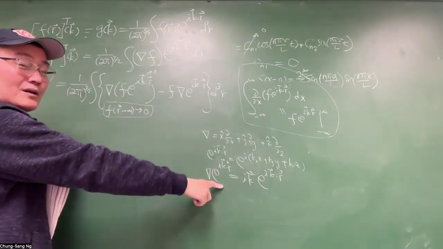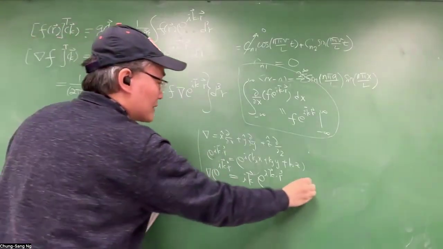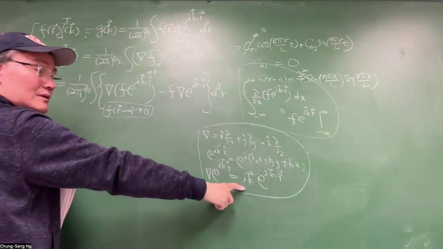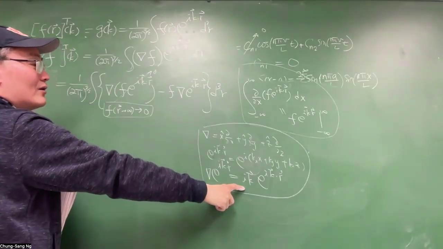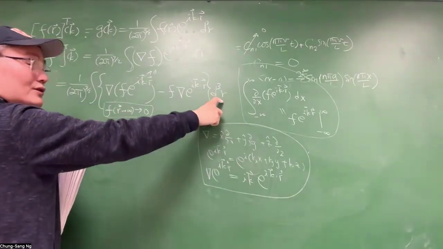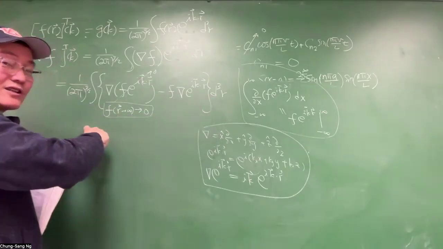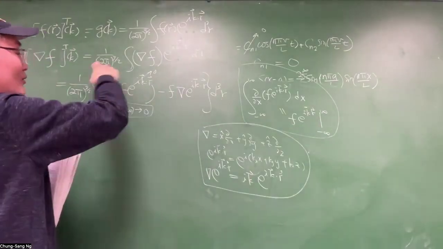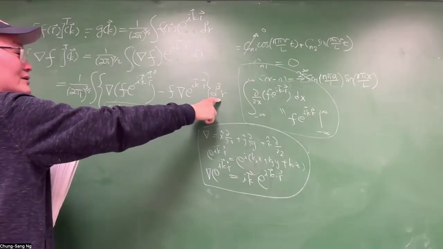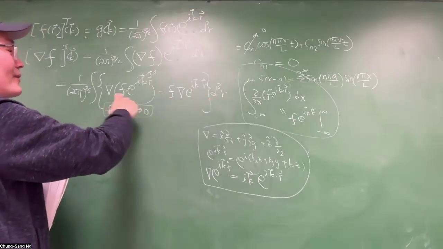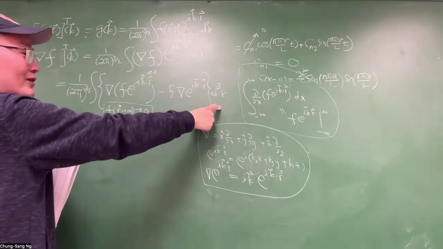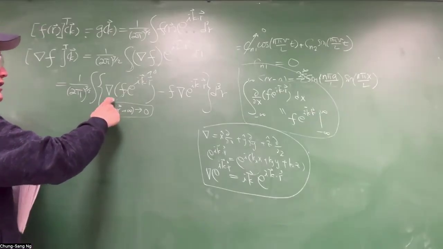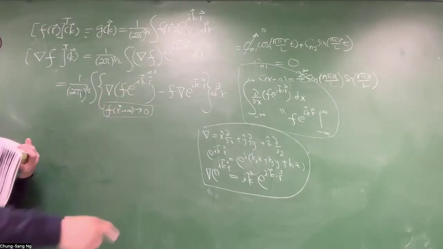You work out the gradient of the exponential factor, which is given by this. You still need to do the integration. That's the next step I will write down. This is still a volume integration, a volume term, and we haven't done the integration yet. This one we do the integration and argue that this term will be 0.